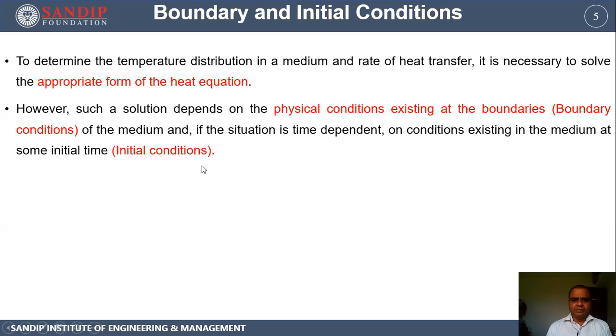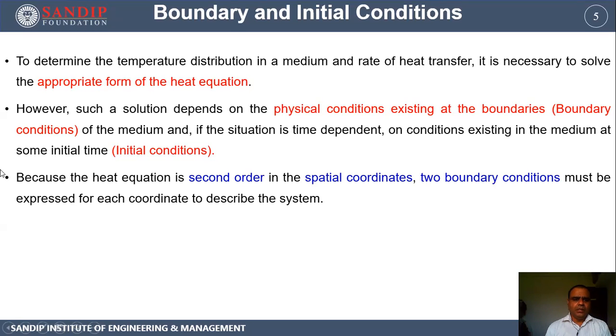If you refer to the generalized conduction equation for Cartesian, spherical or cylindrical coordinate systems, you find that all these equations are second order partial differential equations. Each spatial variation will need at least two boundary conditions, because every time you are going to get two arbitrary constants in the integration.